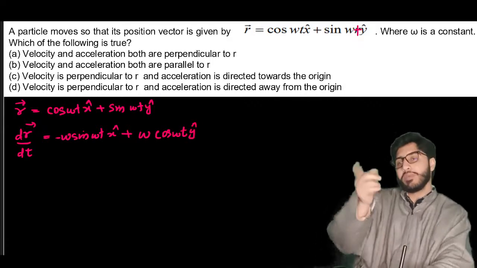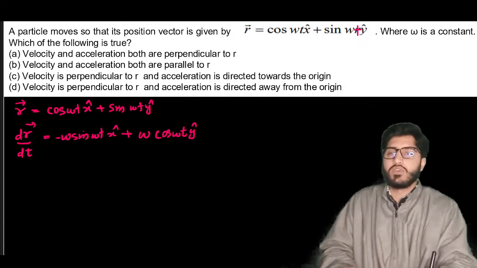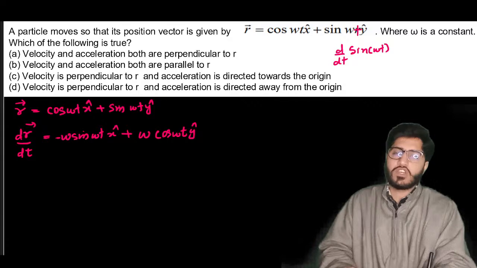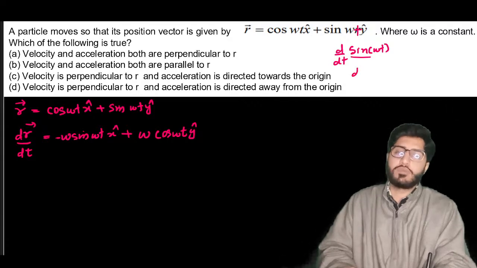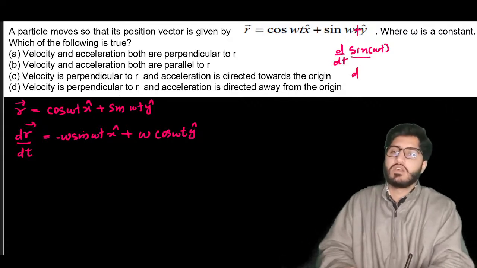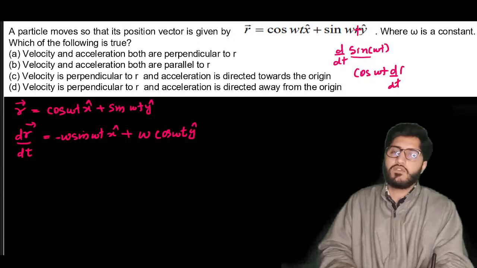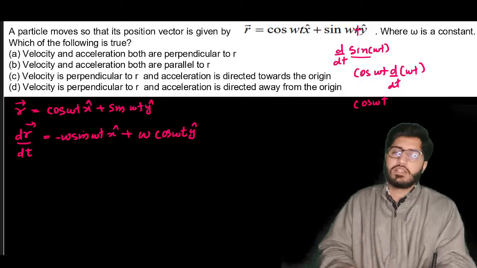Why do I write omega? You know that. We have sin omega t. Differentiating d by dt, first of all I will do the differentiation of sin, so it will be cos omega t, then d by dt of omega t, which is omega only.